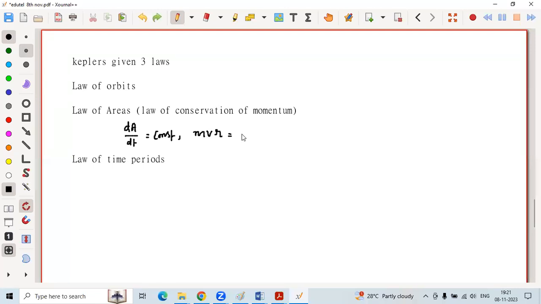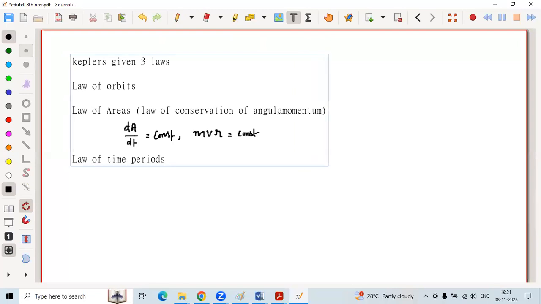I'm not writing that, we just write MVR is equal to constant. Angular momentum is the correct word, because MVR is angular momentum. So MVR equals constant and dA by dt equals constant are the mathematical representations of Kepler's second law.